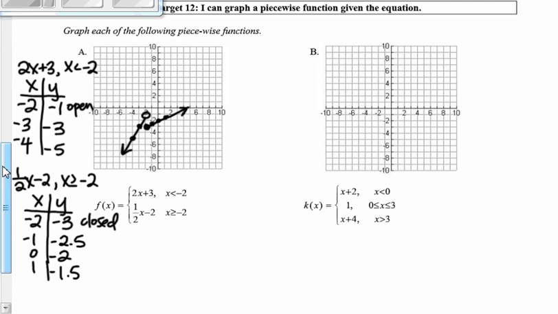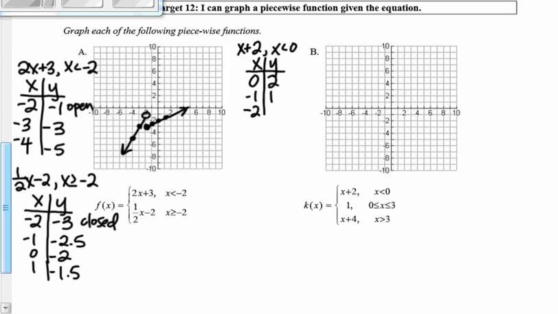Moving on to B, it's going to be the same idea, it's just there's 3 parts to it. So starting off with the first part, x plus 2, x is less than 0. So I'm going to choose 0, since that's the number in the inequality, and then a couple numbers less than that to follow the inequality. If I plug in a 0, I get out a 2.